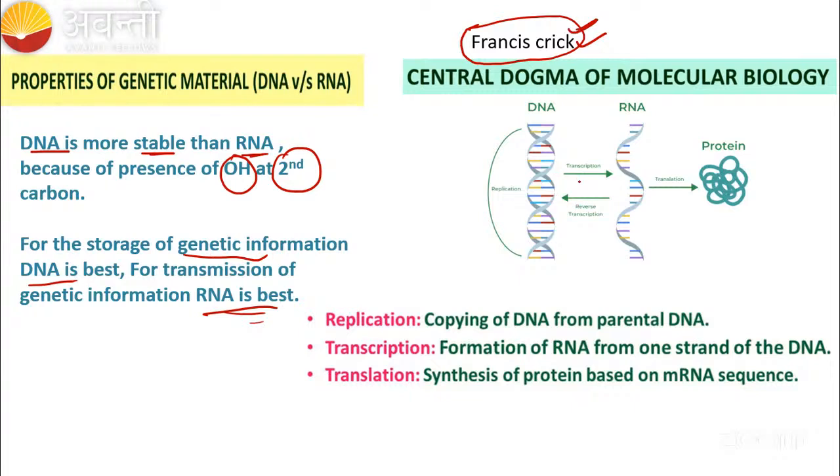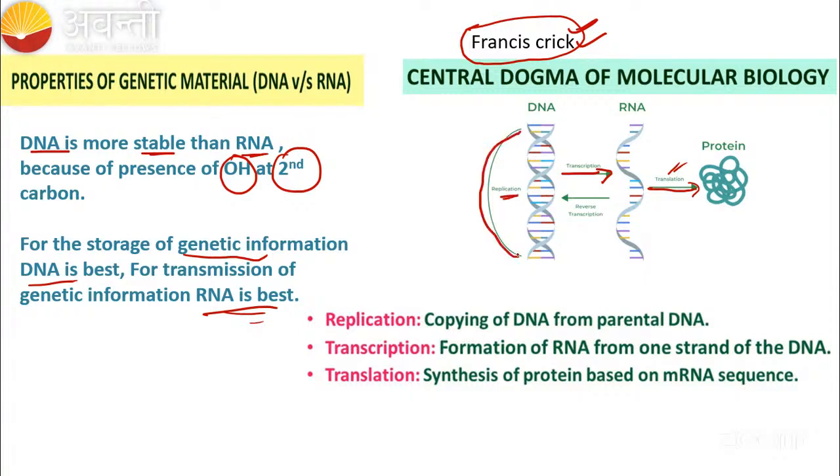So that is nothing but the DNA. The information present in the DNA is used for the synthesis of RNA. That is called transcription. Then the information present in the RNA is utilized for the synthesis of protein. That is called translation. And the DNA replicates; that is called replication.